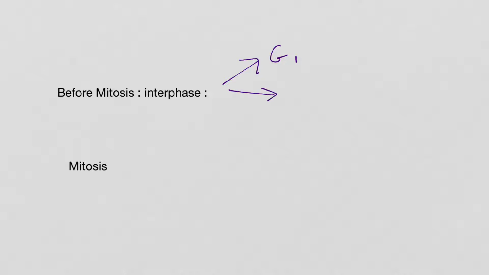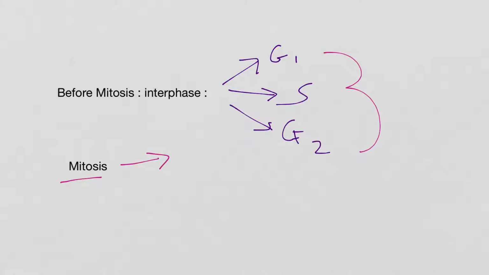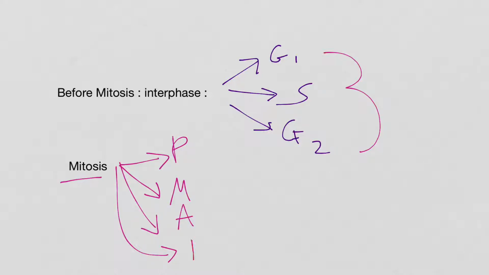So from this video we know that before mitosis is interphase, and interphase consists of G1, S and G2. The next video is going to be about what actually happens in mitosis. Something I want you to remember for the next video is that there are 4 stages of mitosis, and I want you to try and remember the letters.